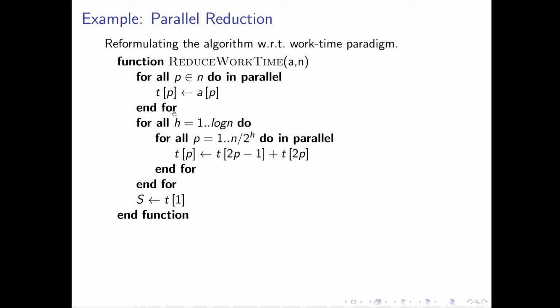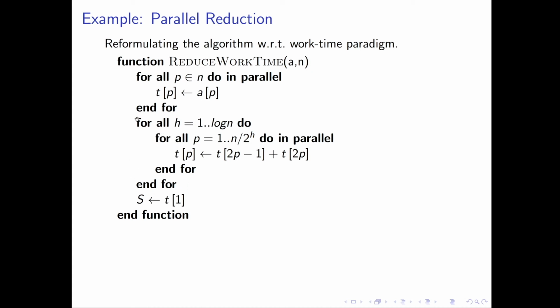With the PRAM model, you'd have an implicit parallel construct because the function itself is parallel. Now we're moving the parallelism to the inside of the loop over all the time steps.